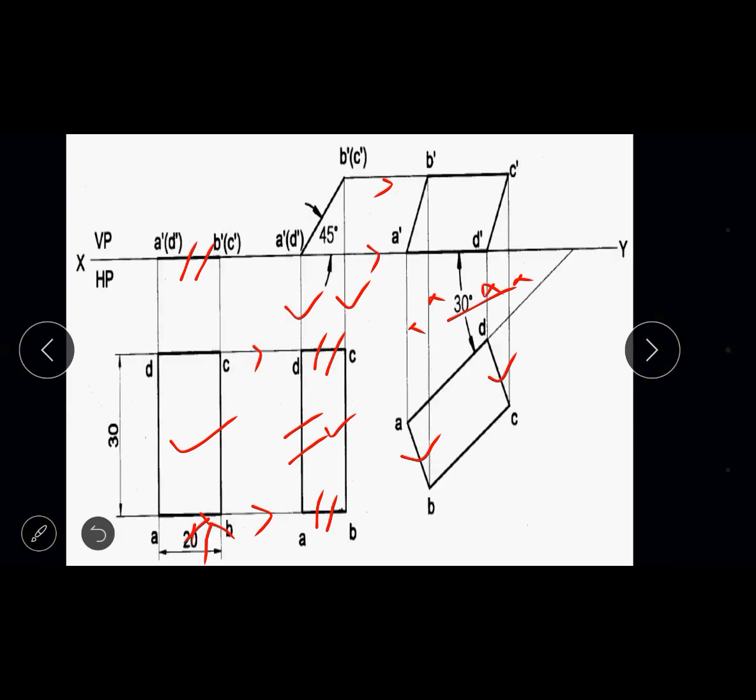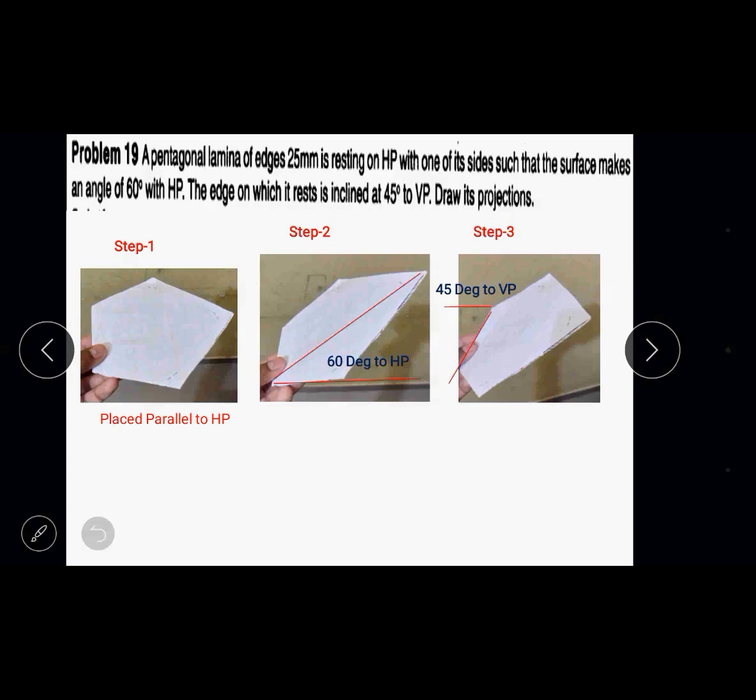Shall I proceed to the next problem? No sir. Okay. We will go to the next problem. So please deactivate your audio. We will go to the next problem.